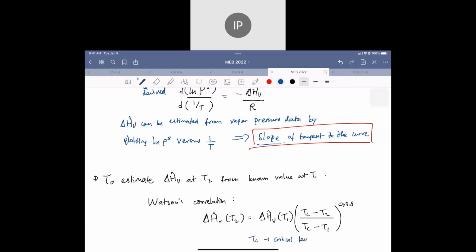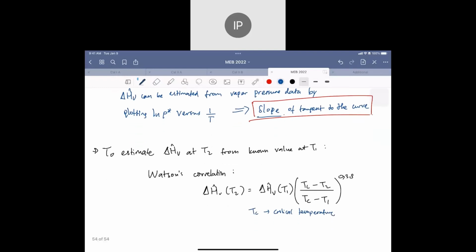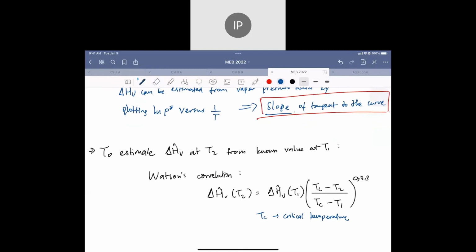But again, I'm not suggesting memorizing all these formulas, but what you need to see is these conditions. So this is when you are going to estimate the heat of vaporization at some temperature, and you compare with the other value that you know at a different temperature, and you can use this correlation.